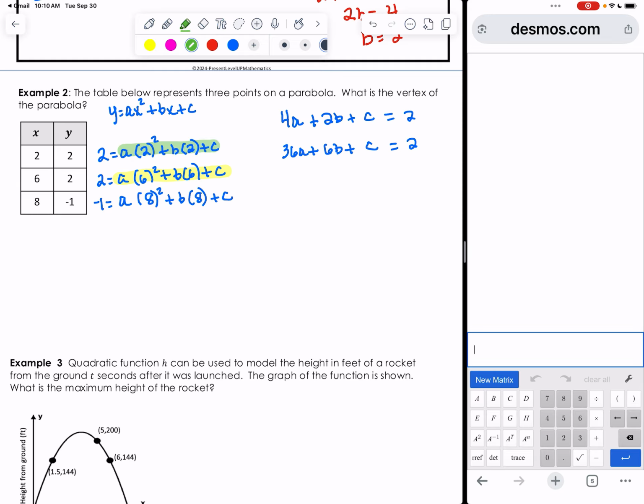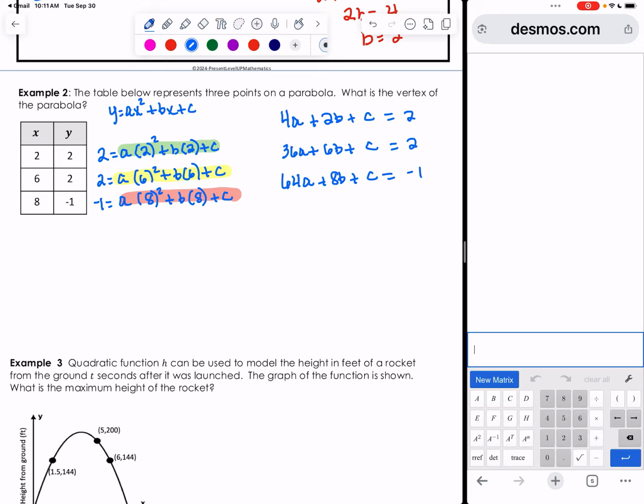Now I'm going to take my third equation. 8 squared is 64. So 64a plus 8b plus c equals -1.